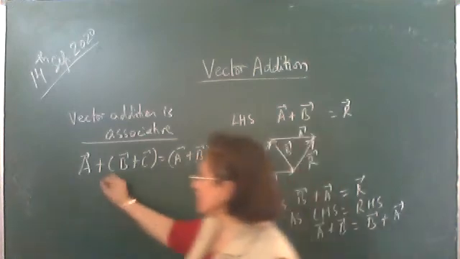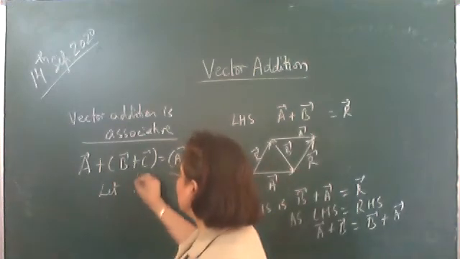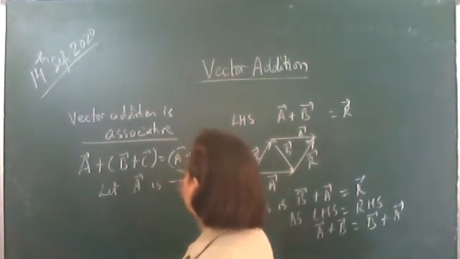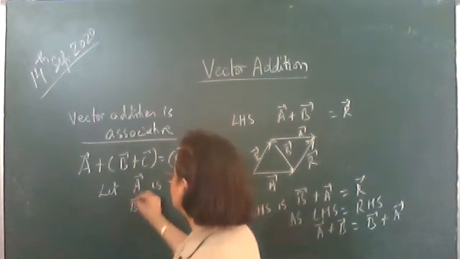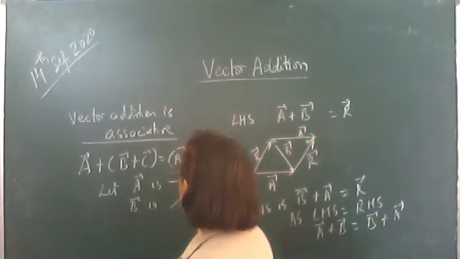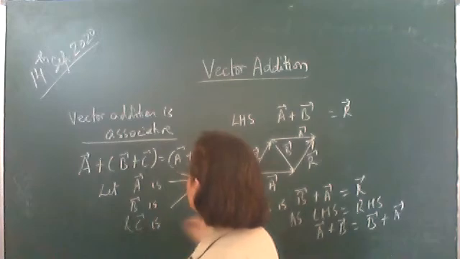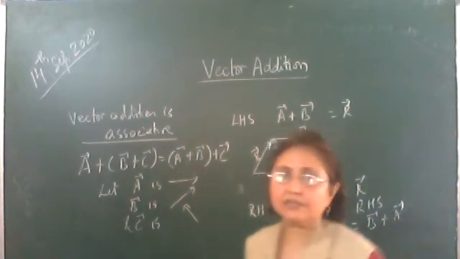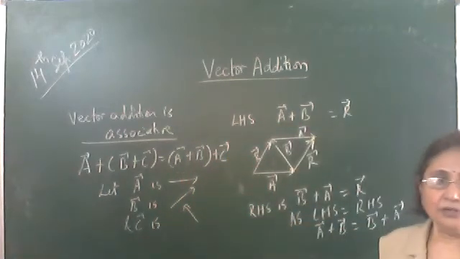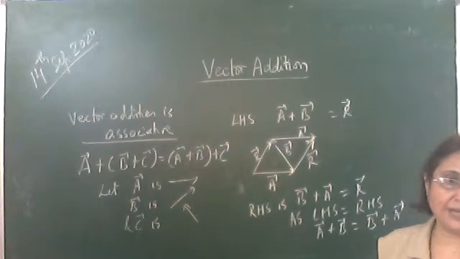Okay, let us consider again by drawing, we'll show it. Let A vector is as shown, any direction you can consider. Let B vector is this one and C vector in any other direction you can show it. Let this is C vector. Okay, so we'll find out A vector added to B plus C vector.